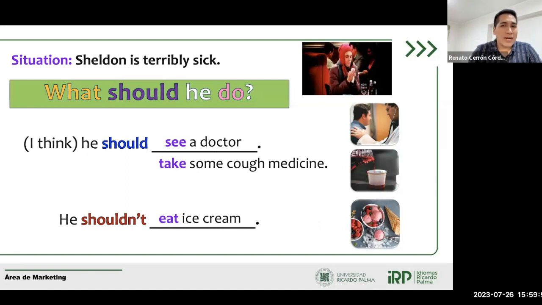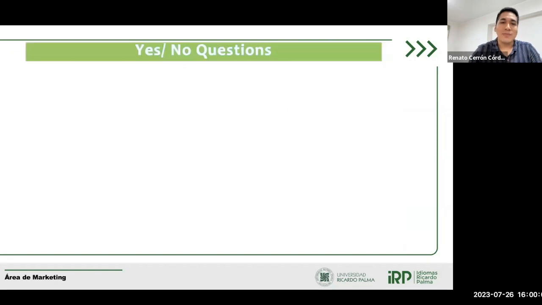Now that we have practiced with affirmative and negative sentences using should, let's take a look, guys, at the questions. How can we formulate questions using should? Let's begin, guys, by working with yes, no questions. How can we formulate a yes, no question using this modal verb?